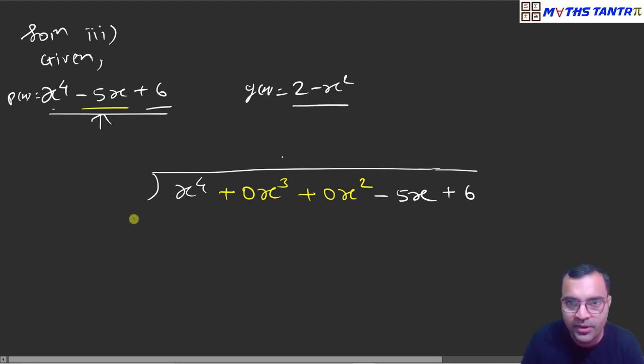Same thing we should do with the divisor. Minus x square first, right? Then x should be there, so we can write 0x. Then the constant should be there, we can write 2. Here some students start arguing why I have not used 0x.